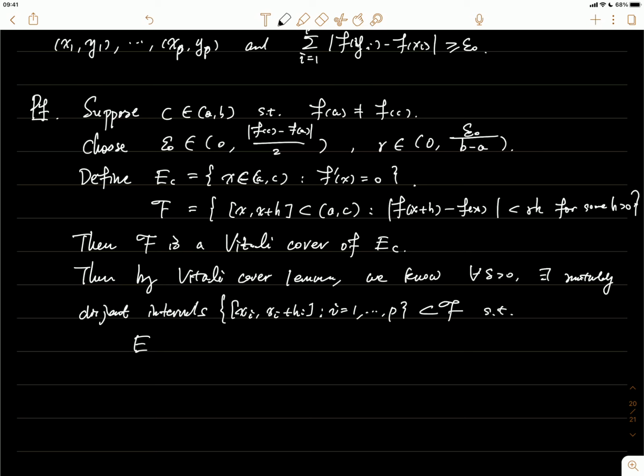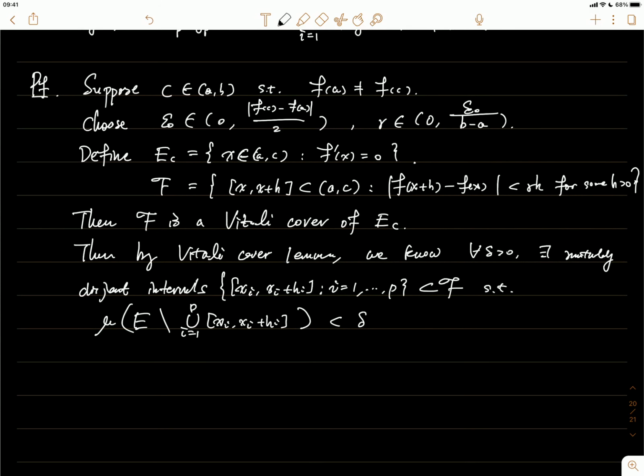Such that the measure of E minus the union of these intervals has a measure less than delta. Or E^C. Well, first of all, for E^C, we know that the function f has a derivative equal to 0 almost everywhere.